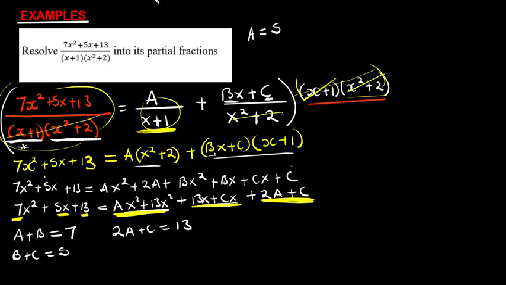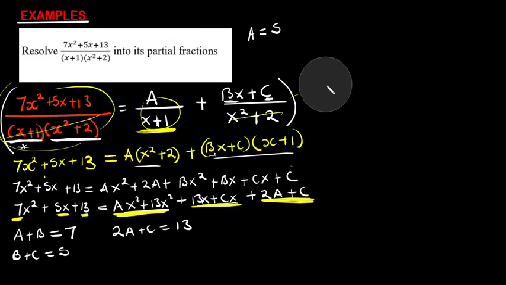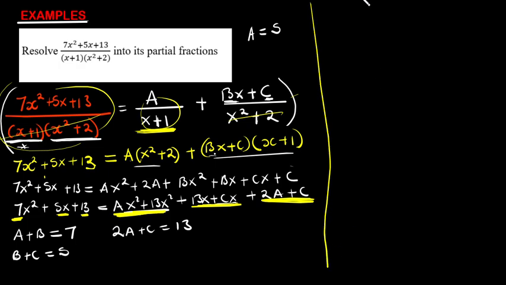Then the next thing that you do now is this. Since I have the value of a, which is 5, then the next thing, you have b plus c is equal to 5.